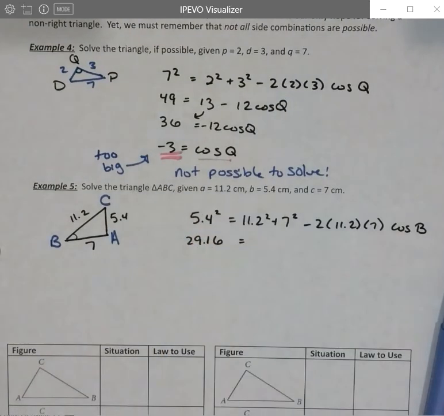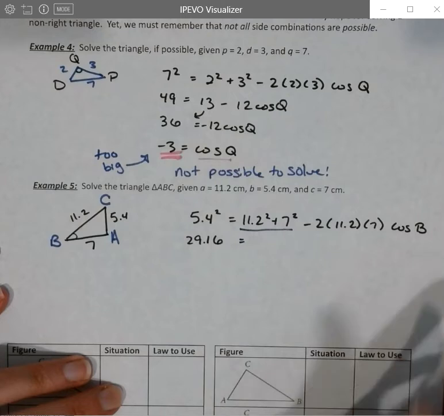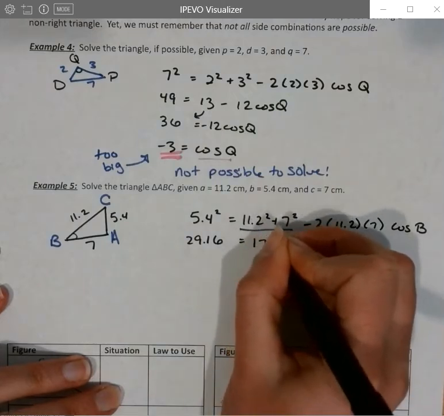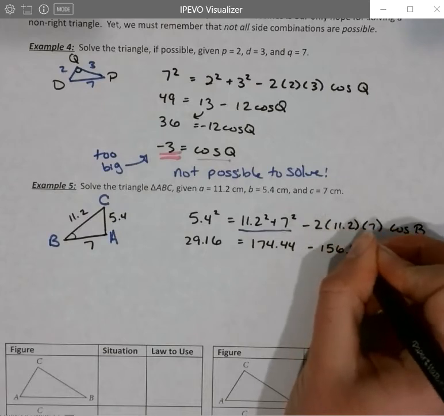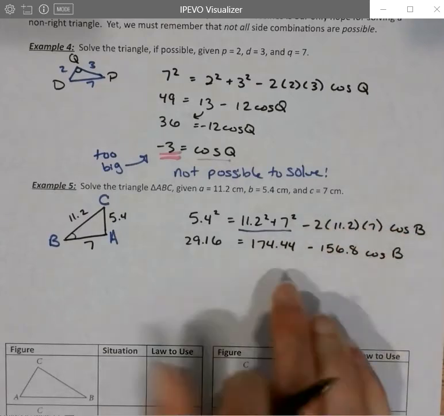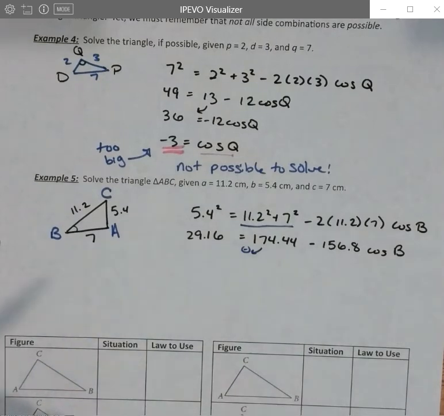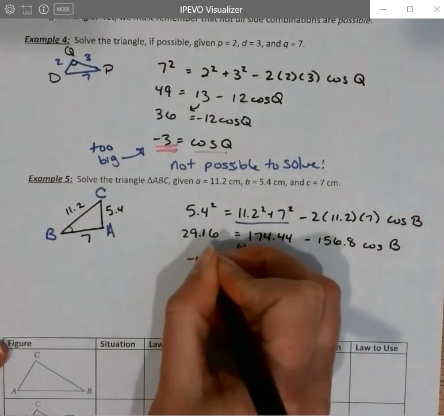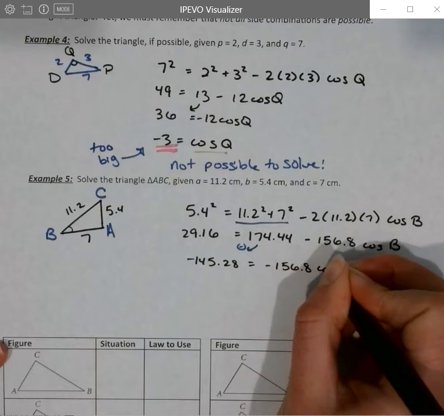And then 11.2 squared plus 7 squared is 174.44, minus 2 times 11.2 times 7, which is minus 156.8 cosine B. We're going to subtract the 174 over, so our 29.16 minus 174.44 gives negative 145.28 equals negative 156.8 cosine B.